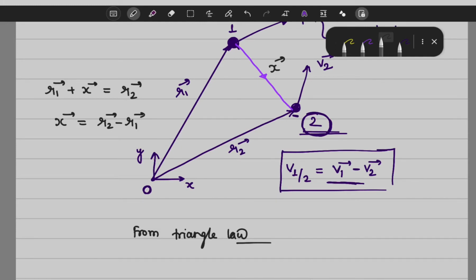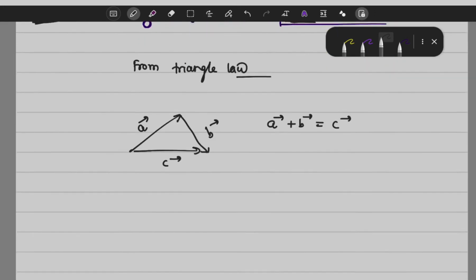This is the position vector of 2 with respect to 1, r21 equals r2 minus r1, and this is the velocity of 1 with respect to 2. Both should be equated using unit vectors.